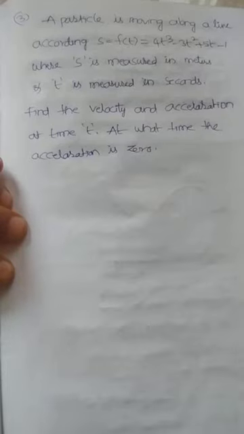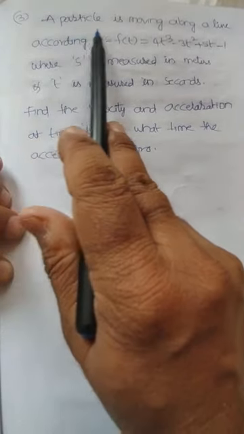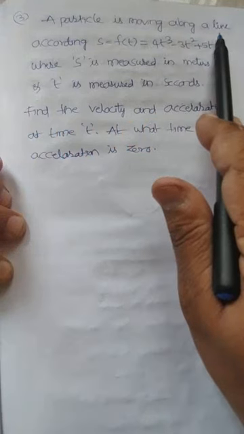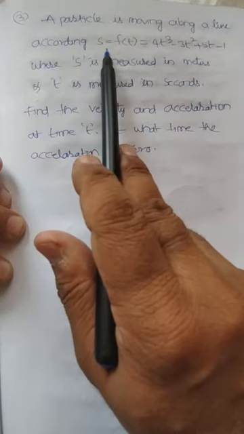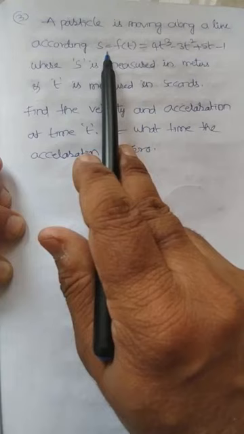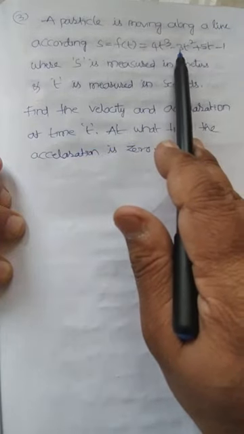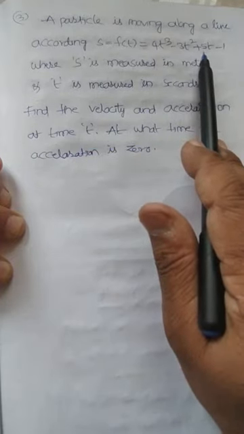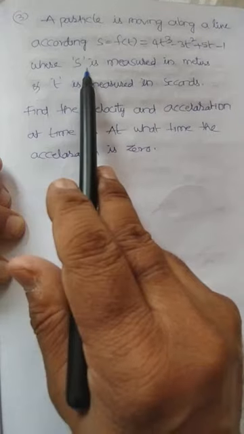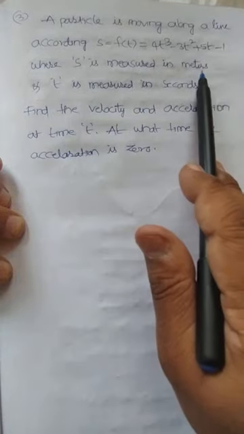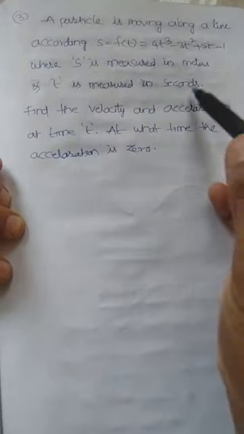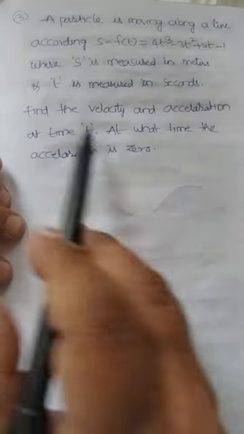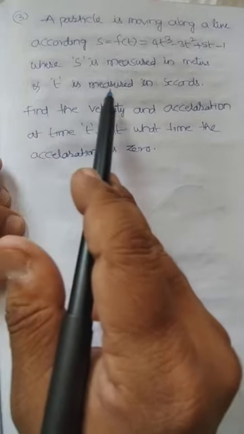Now the third problem. A particle is moving along a line according to the displacement s = 4t³ − 3t² + 5t − 1, where s is measured in meters and t is measured in seconds.